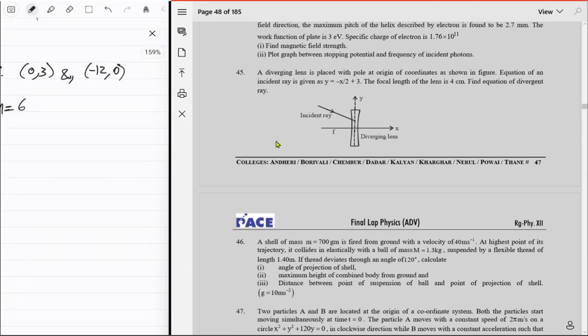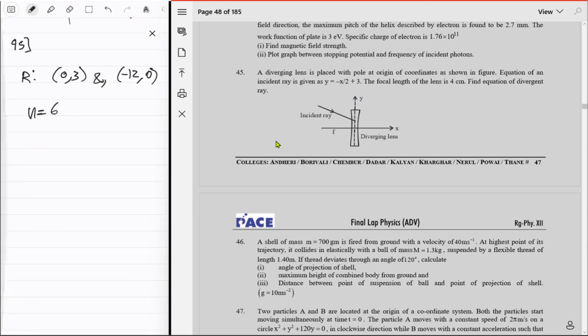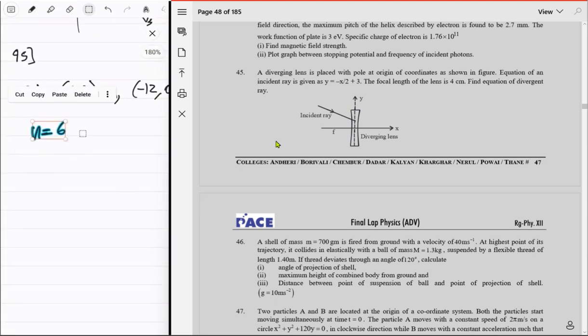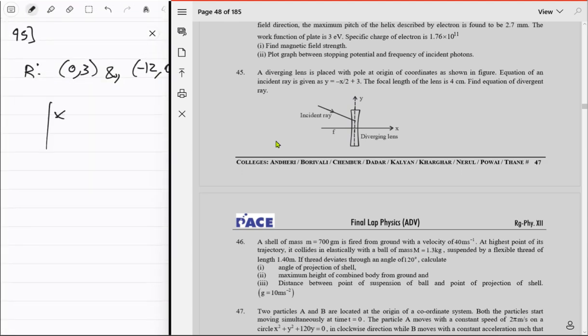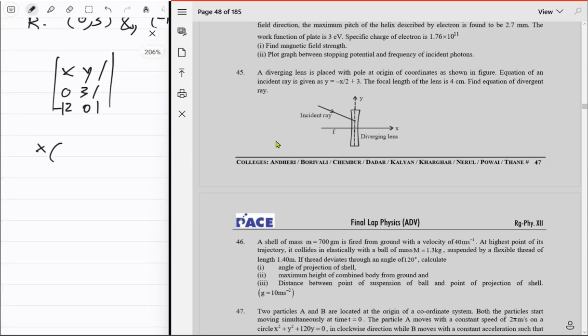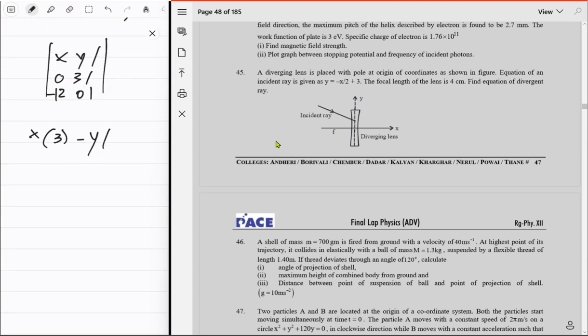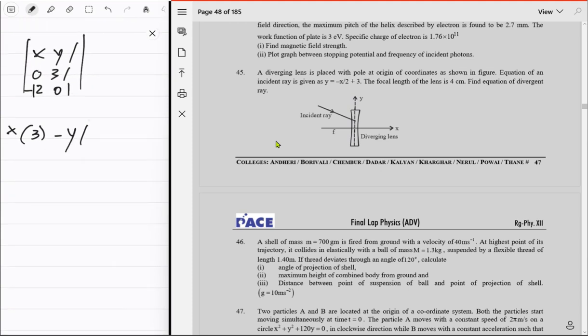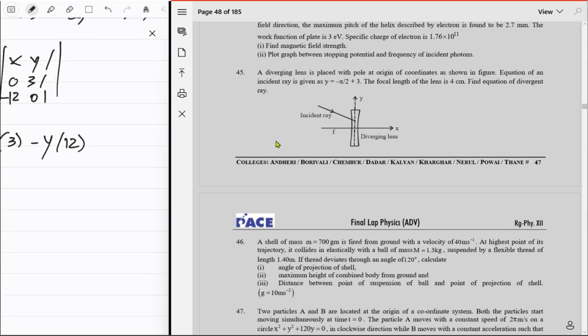Okay, and now we just want to figure out the line. Not a big deal. Okay, just x y 1, 0 3 1, negative 12 0 1. So in x it's just 3 minus 4, so just 3, then minus y with this determinant just 0, then minus minus, like plus 12, and then plus 1 with just plus 36, right?